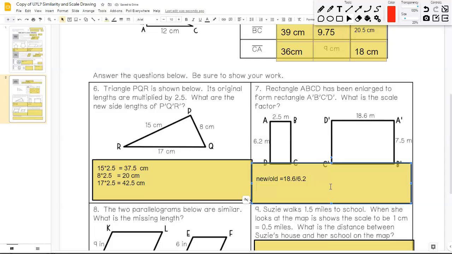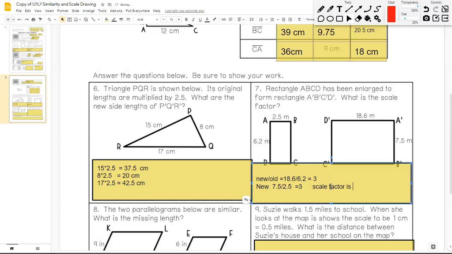Or, and we want to check both of them just to make sure they actually did it right, let's take 7.5 divided by 2.5. Go ahead and grab a calculator, do them yourself, but you could probably also figure it out. And I get that they're both 3. So the scale factor is 3.